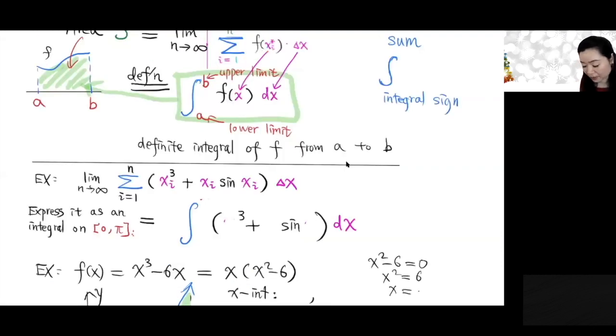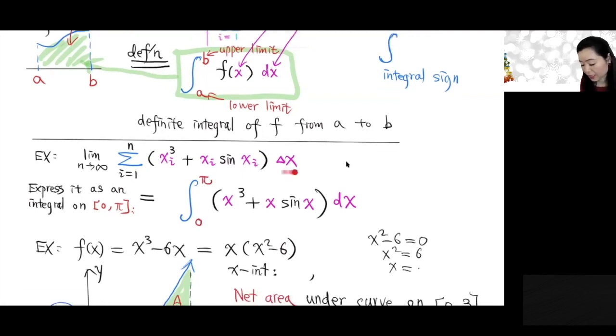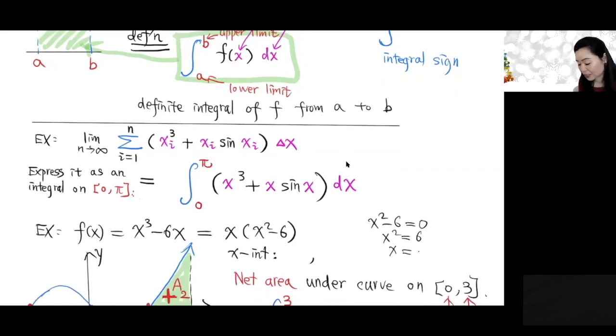So instead of xi, we put x over here. So the function will be x cubed plus x times sine of x. And then delta x here is replaced by dx. x here goes from 0 to pi. This is the lower limit, that's the upper limit. So 0 to pi. So the limit of this Riemann sum is this integral. Think about it as the net area under this curve, x cubed plus x times sine x.